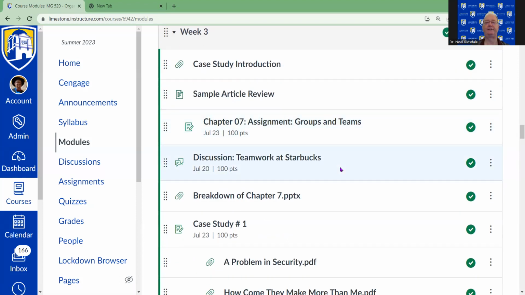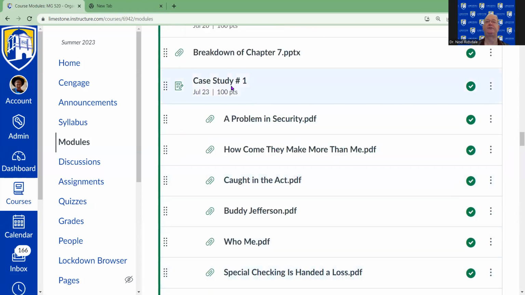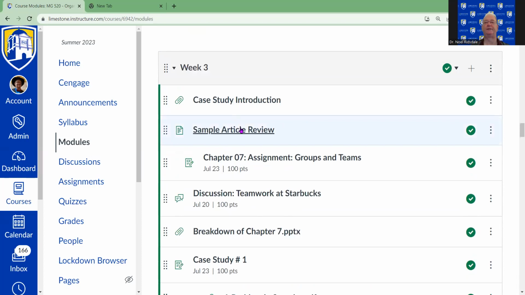As we go down the list, these are the cases that you've selected. This is a review of what's expected for that case. If you have any questions, you can certainly reach out to me. But I'm going to place a little more emphasis on the sample article review and the case study. So I'm going to switch screens here.